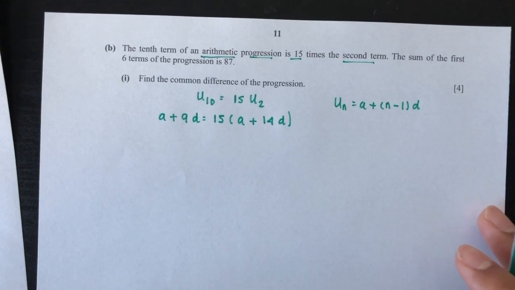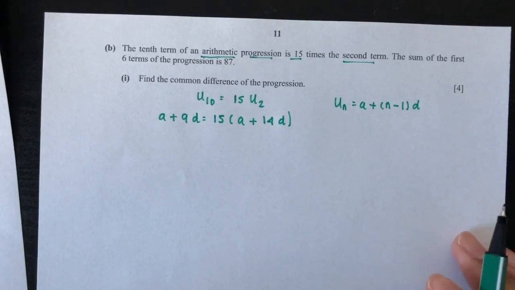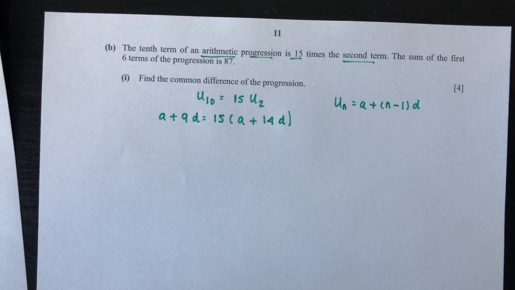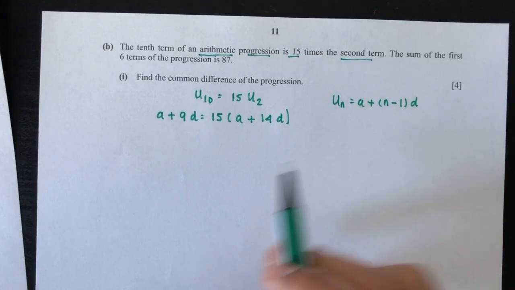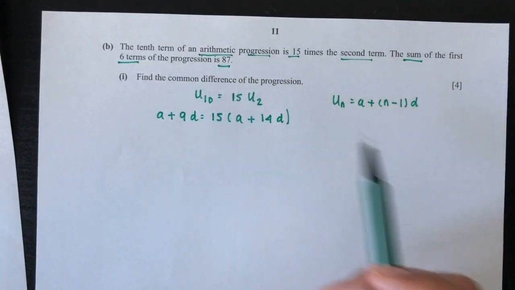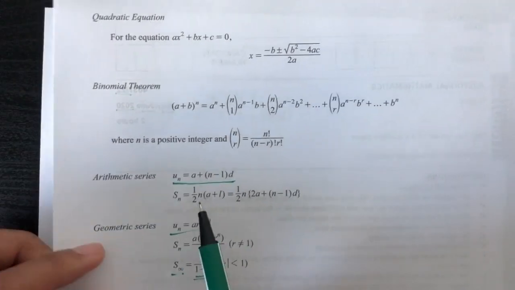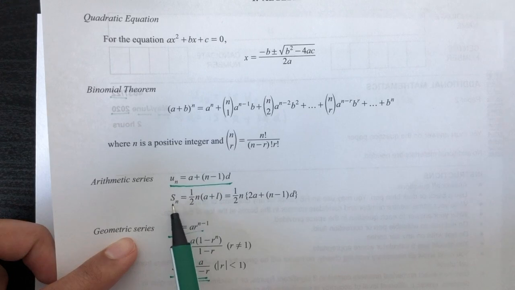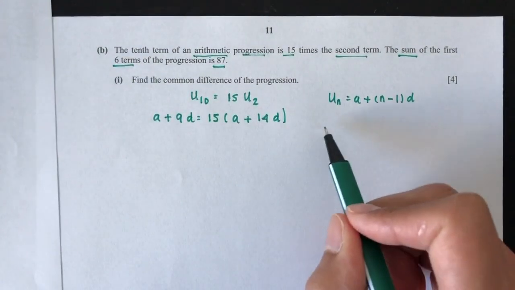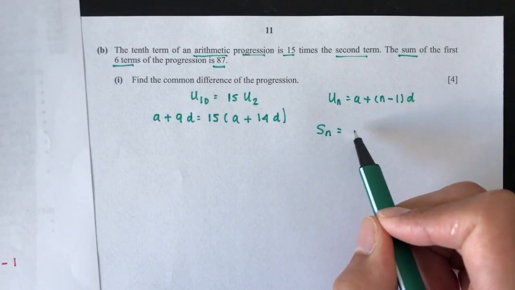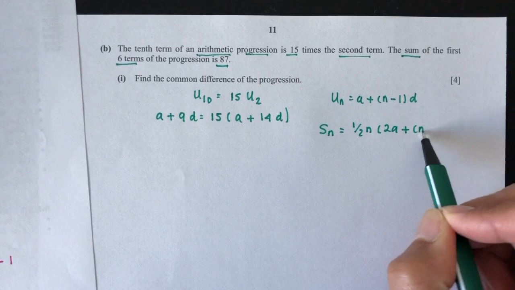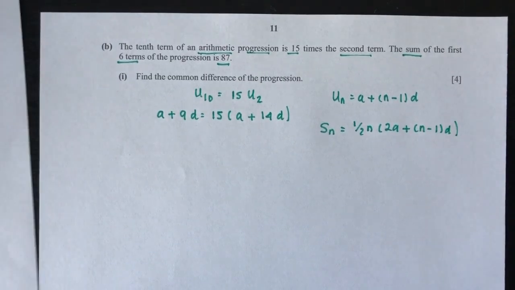Now you can always expand those values to simplify this into simpler terms. So that's our first equation. Now the other one says the sum of the first 6 terms is equal to this. Here we have a formula for the sum of the first n terms, S of n equal to half n times 2a plus n minus 1 d.